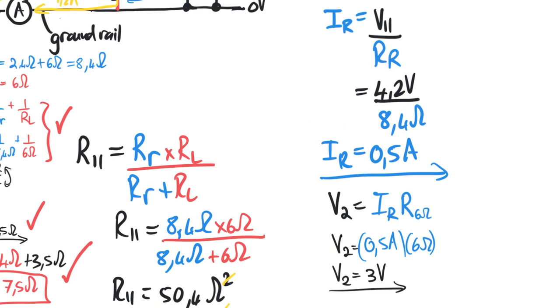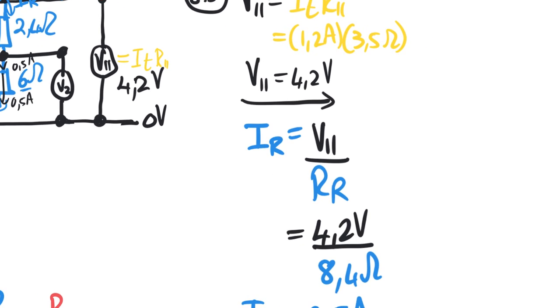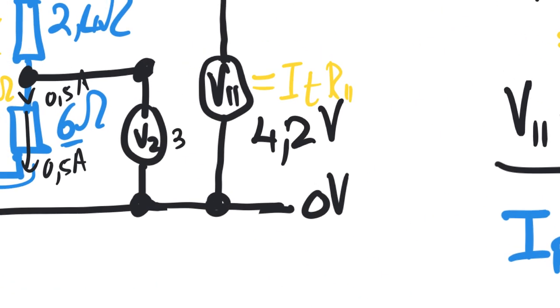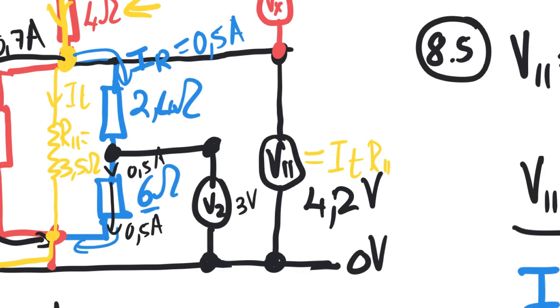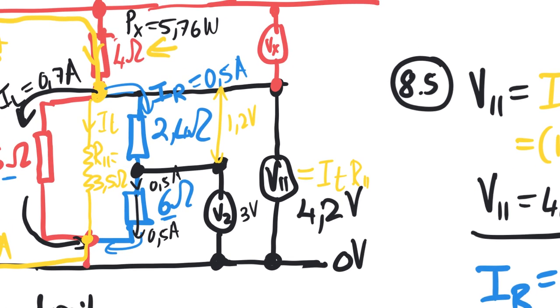And so once again, let's just look that it makes sense. Well, if this is 4.2 volts, then this has got to be smaller, and we've worked it out to be 3 volts, so this is 3 volts. And the beauty about the Rails format is that it's very easy to see that this therefore would be 1.2 volts, because this voltage plus this voltage must be equal to this volt drop.